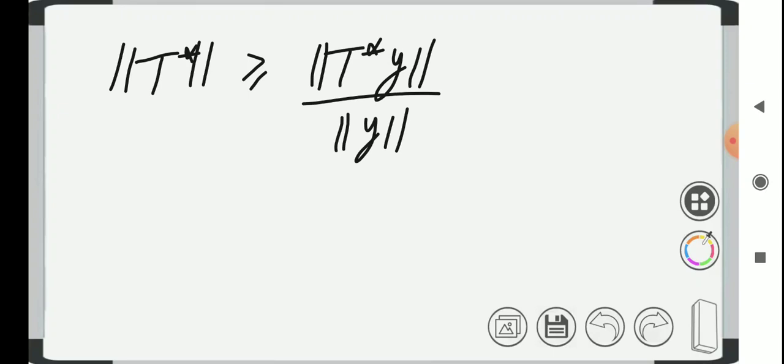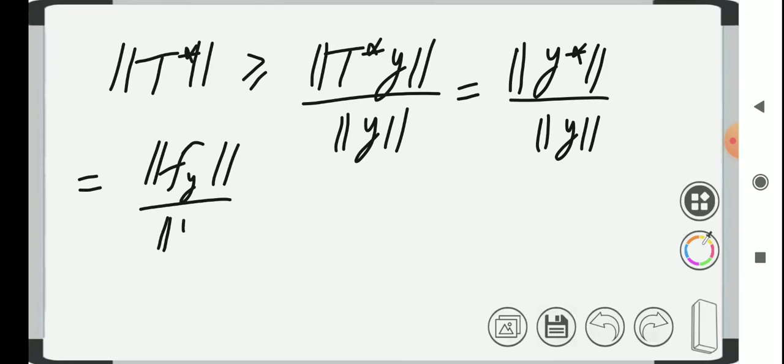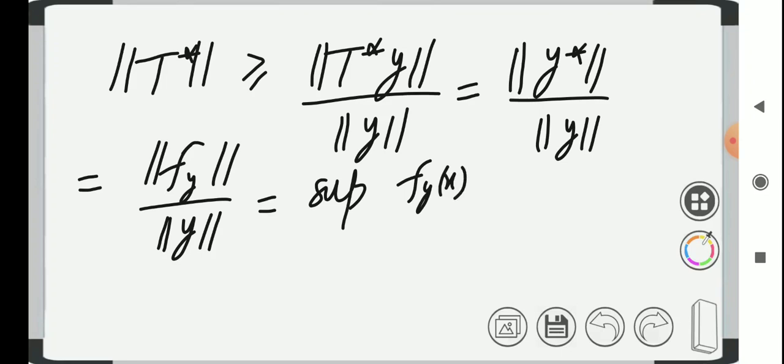Therefore this inequality should hold, which is the same as the inner product of T star y over norm y, which is the same, by the Riesz representation theorem, as the norm of f_y over norm of y, which is the same as the supremum of |f_y(x)| over norm y, where we can take y non-zero and x non-zero.